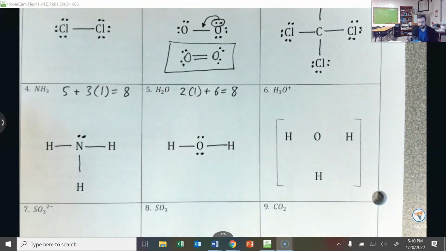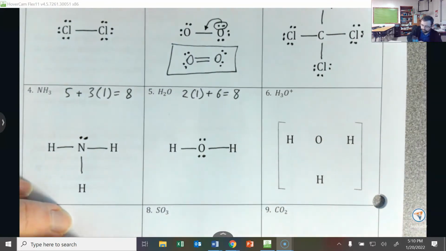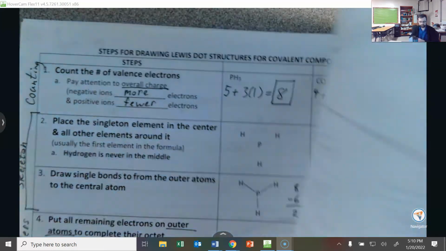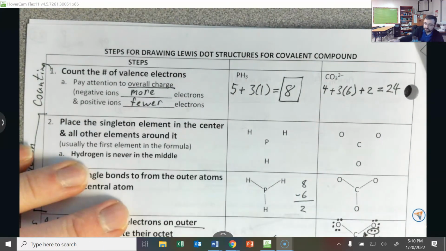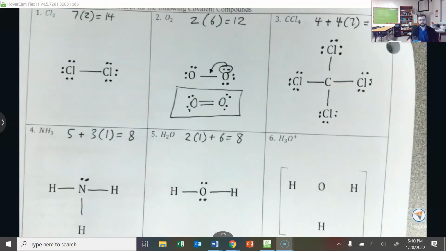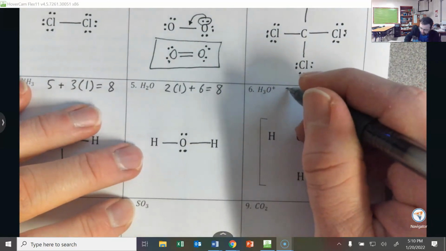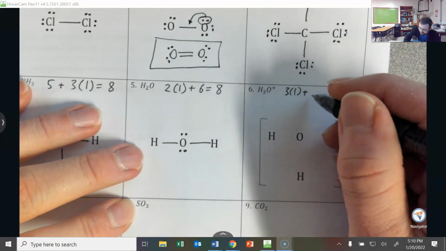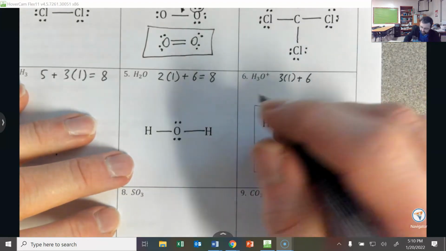Let's look at H3O plus. This one's tricky. This is the first positive ion we've done. I want you to remember from our notes on the previous page that a positive ion has fewer electrons. So let's start with 3 hydrogens, so 3 times 1, plus an oxygen, which is 6 valence electrons because it's in group 6A.